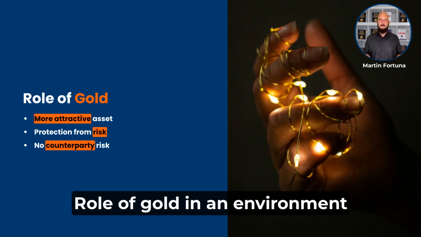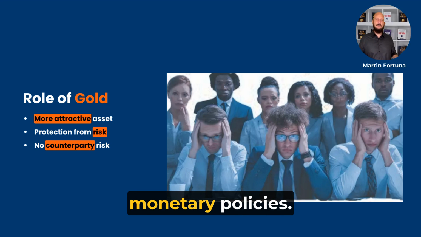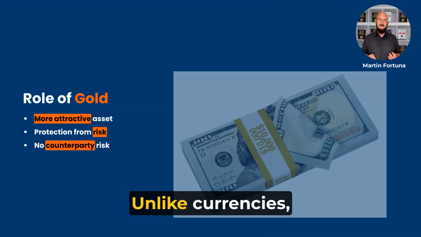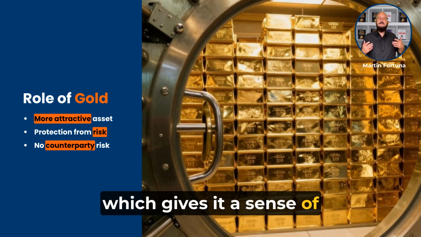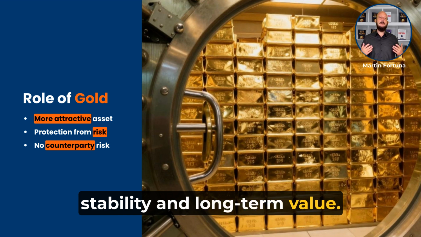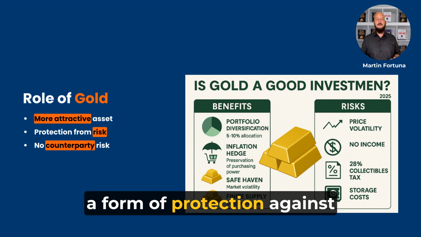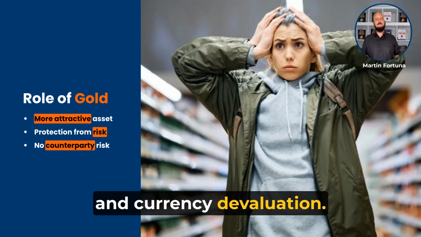Role of gold. In an environment of uncertainty and aggressive monetary policies, gold becomes a more attractive asset. Unlike currencies, gold cannot be printed, which gives it a sense of stability and long-term value. Investors often turn to gold as a form of protection against financial risk, inflation, and currency devaluation.